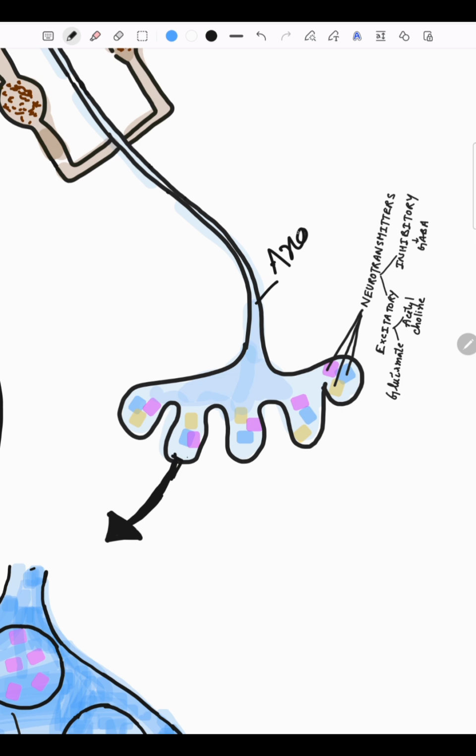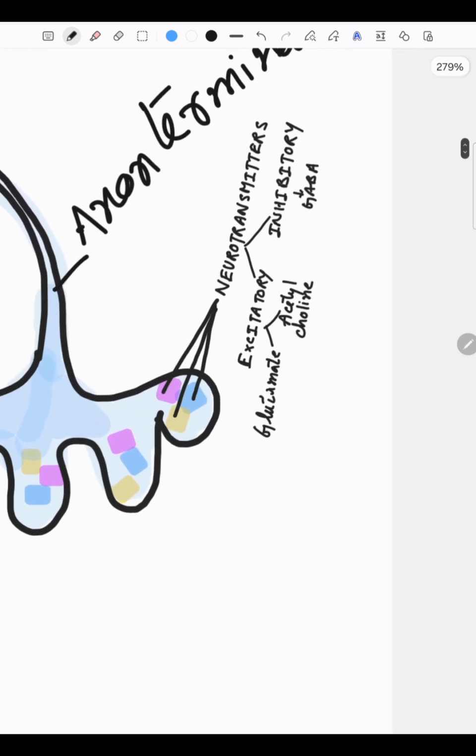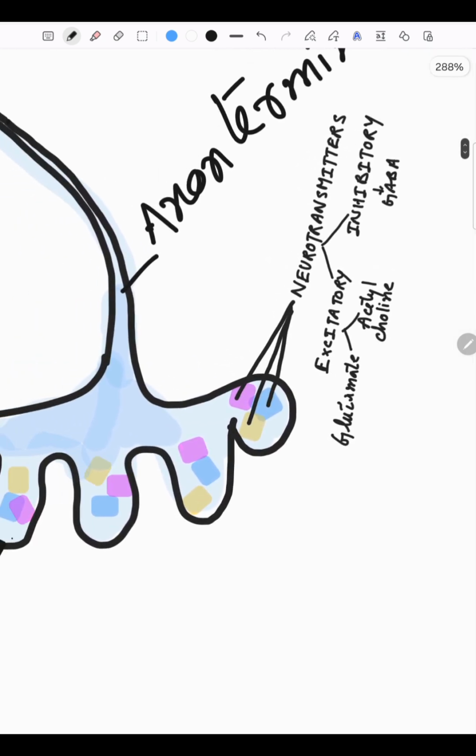Neurotransmitters are chemical messengers that play a crucial role in transmitting signals between neurons or from neurons to other target cells such as muscle.